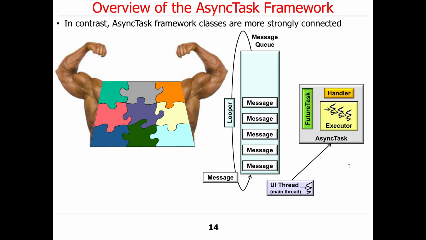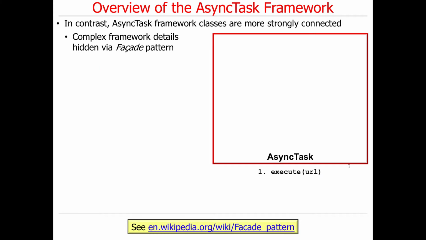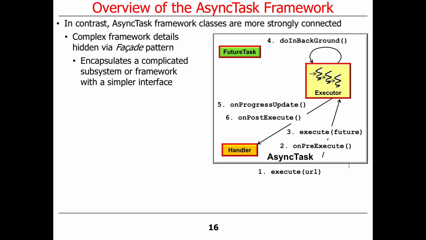The AsyncTask bundles them together in a cleaner facade. In fact, that's really what it is. It's the facade pattern. It hides the complex framework interactions, structure, callbacks, and functionality within a framework that you then work with in a much more concise way. So the facade pattern is just a pattern that allows you to encapsulate complex stuff within a simpler interface.